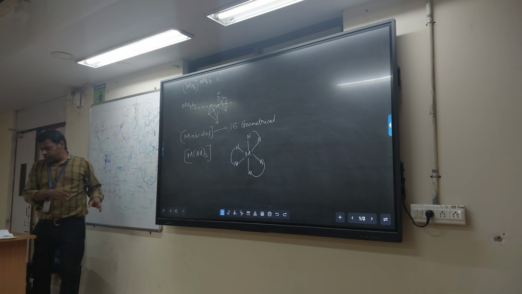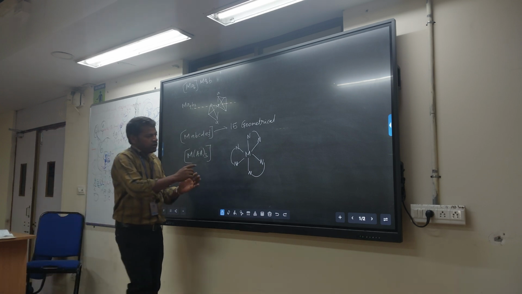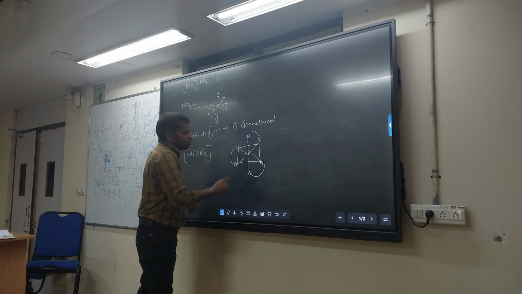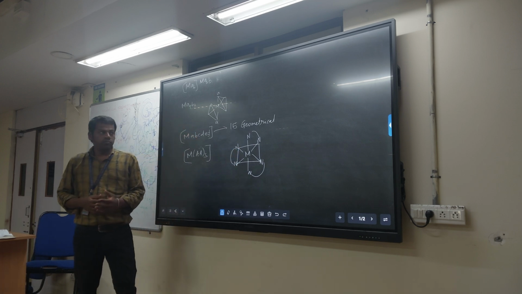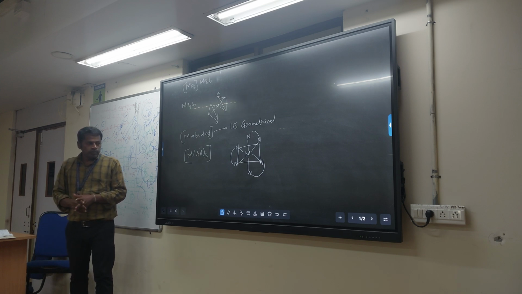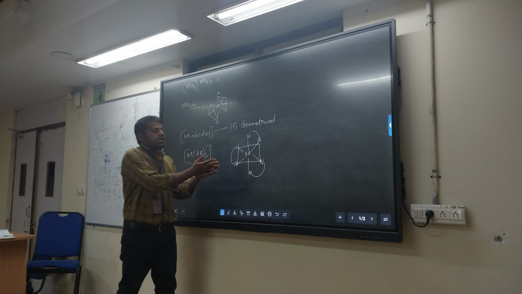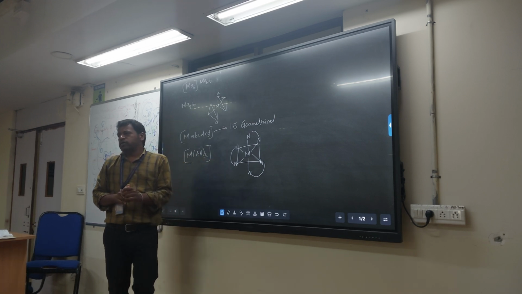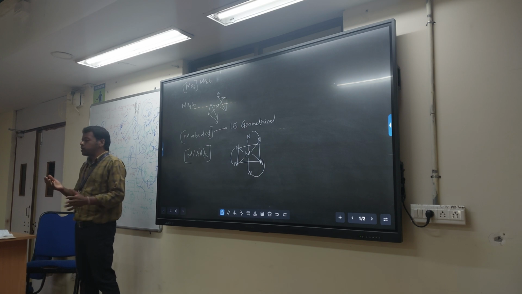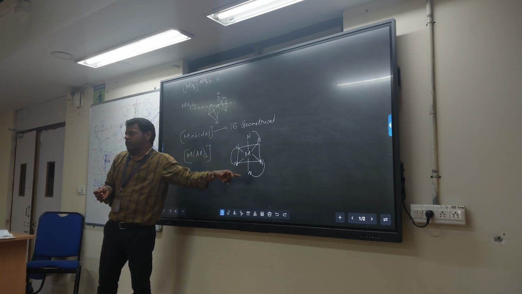So if it is like this, think about it. Geometrically, now you get a clear octahedral complex. So this is a cis isomerism. There is no option for trans isomerism because the donor is the same everywhere.